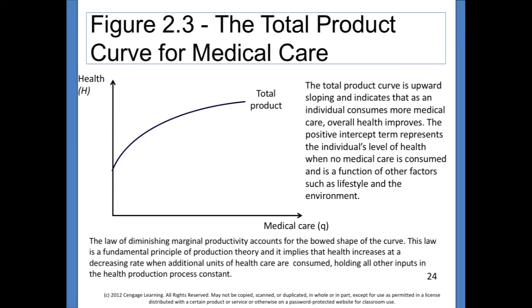If we wanted to show that graphically, on the horizontal axis we have the amount of input, medical care, and on the vertical axis we put the total health production. And we look at how, by increasing the amount of medical care, we can increase the total production of health.